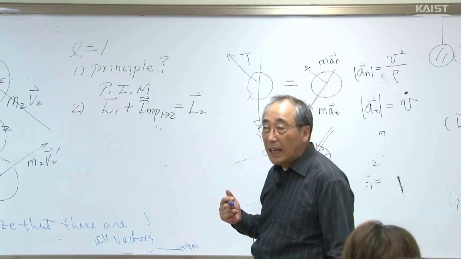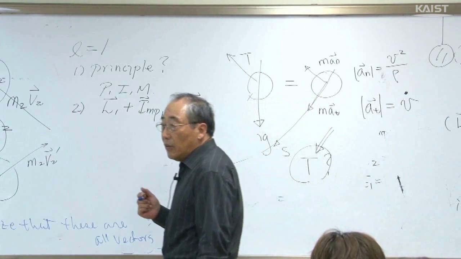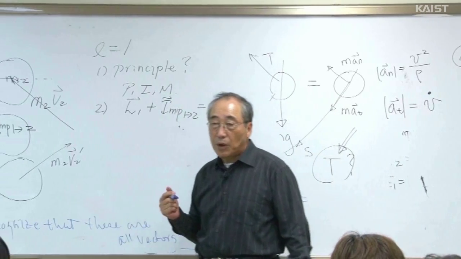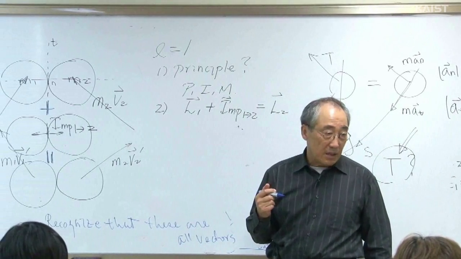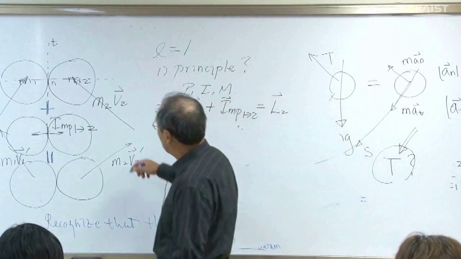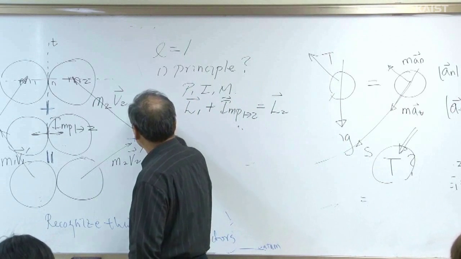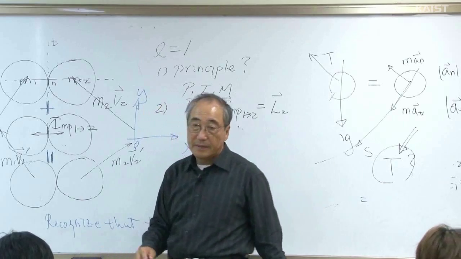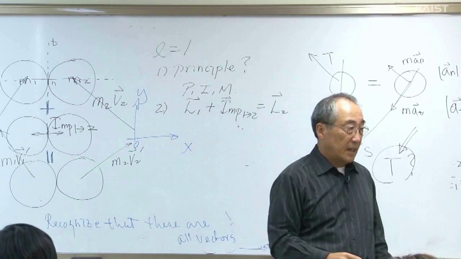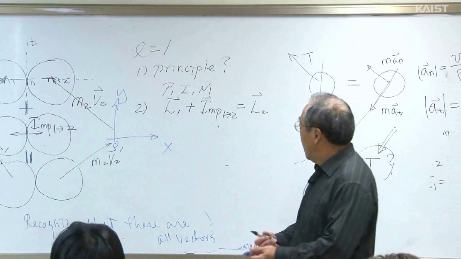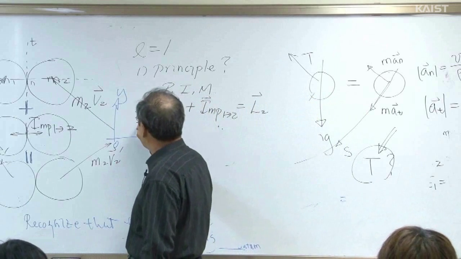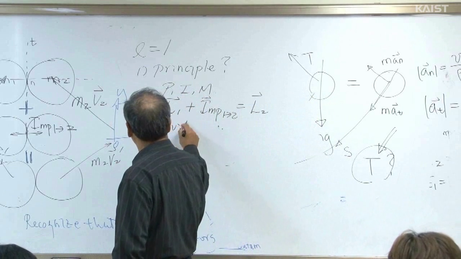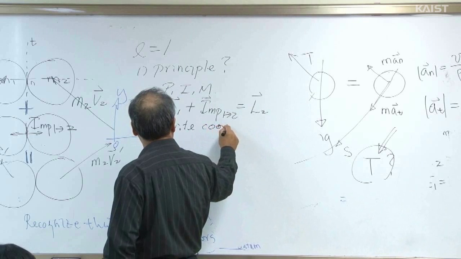Therefore, I need to invite a certain coordinate that can properly express the vectors. So I invite the vector coordinate xy. Okay, that's the logic. And the third step, invite a coordinate.